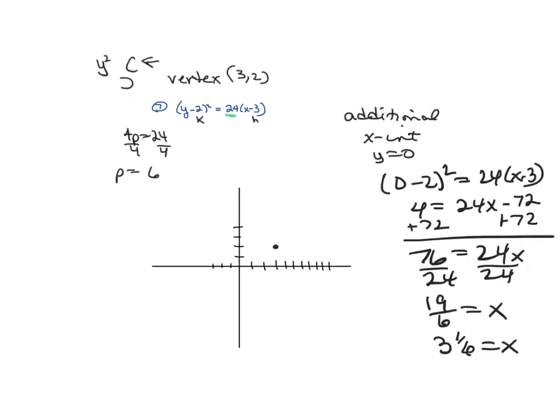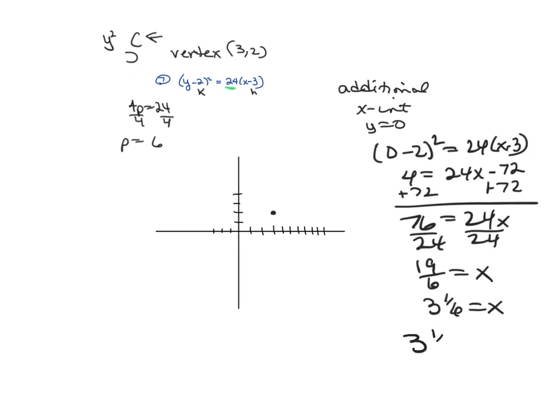So my additional point is going to be 3 1/6, comma 0. So 1, 2, 3 1/6, comma 0.